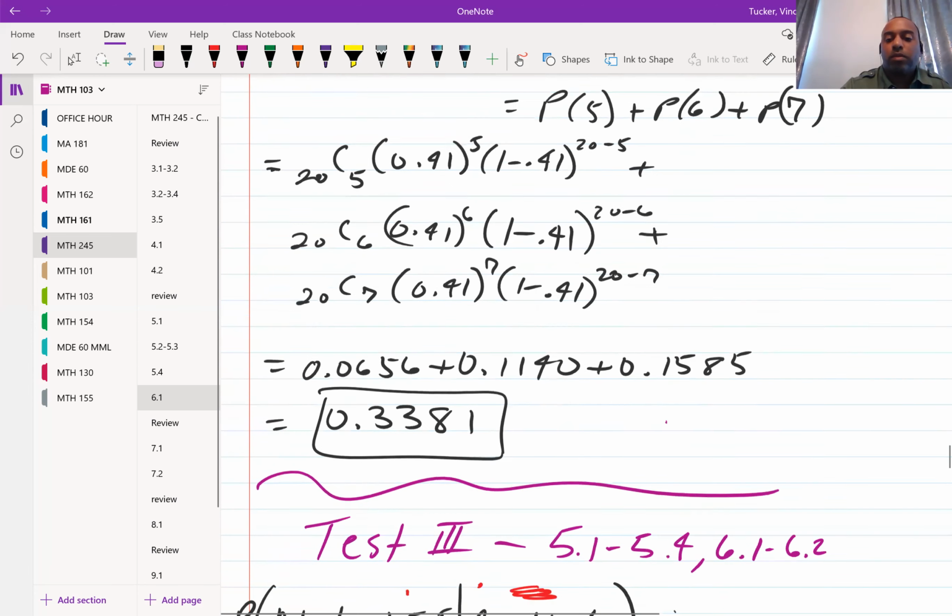All right, so test 3 is 5.1 through 5.4, 6.1 through 6.2.